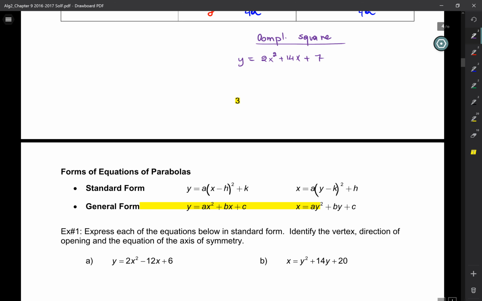What we used to do is we said, 2x squared plus 14x plus 7 is equal to 0. Then we took the 7 to the other side. And here we said plus a number, remember? But before we did that, we have to factor out a 2, right? Because you can't have a coefficient in front of the x squared. So let's factor out a 2.